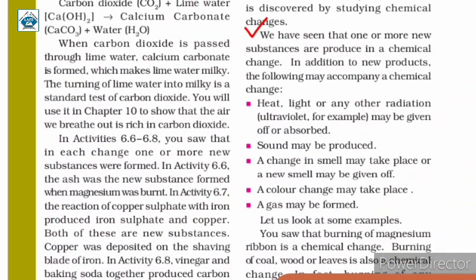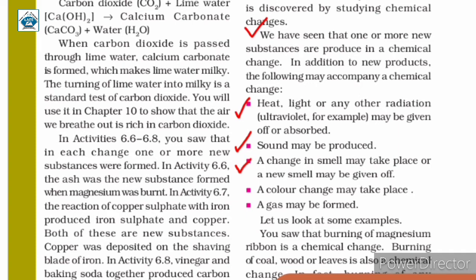So, during a chemical reaction, heat, light, or any other radiation including ultraviolet radiation may be given out or any of this may be absorbed. यानी कि heat absorb भी हो सकती है या it can be given out. During a chemical reaction, there is a chance that sound will be produced.